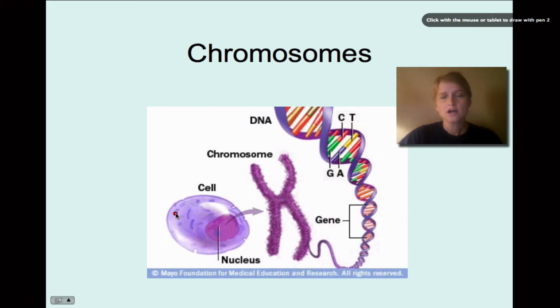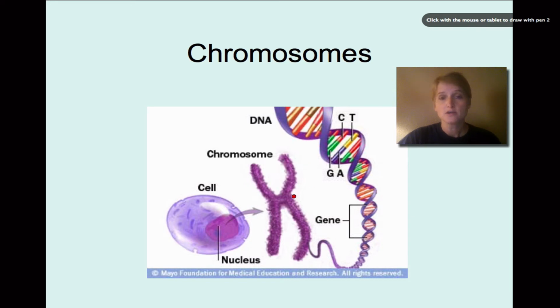We talk about these things usually separately, and so sometimes it's hard to get an idea in your head of where these things actually are. So the cell's an easy one. We've been talking about that a lot. The nucleus is an organelle in the cell, and it's the largest one. And inside the nucleus are the chromosomes. Different organisms have different numbers of chromosomes, but in humans, each cell has 46 chromosomes.